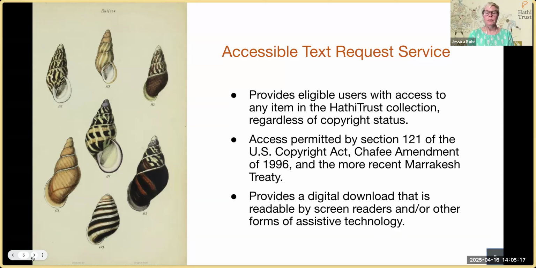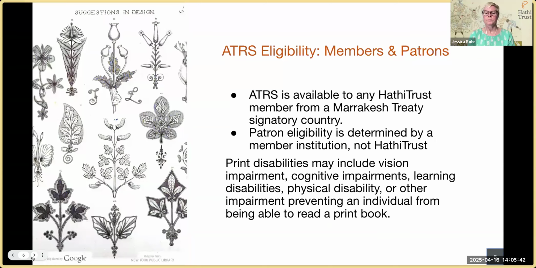It's permitted through copyright law, and the way it actually works, and Melissa will get into this a little bit more, is the provider on campus is able to download a digital copy of the title selected that's accessible for different adaptive technologies such as screen readers.